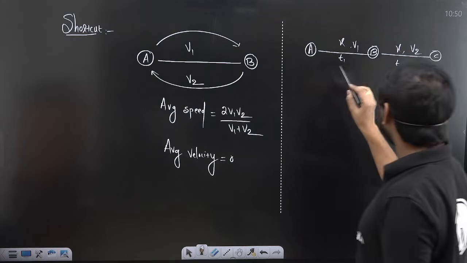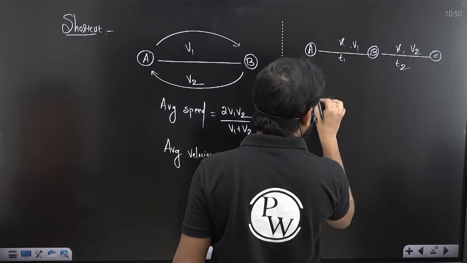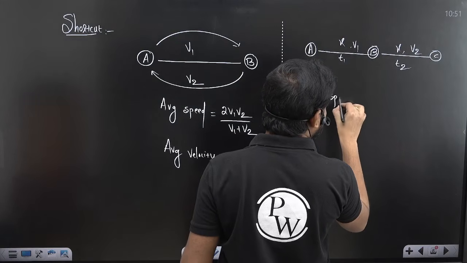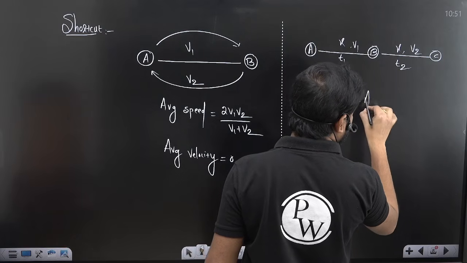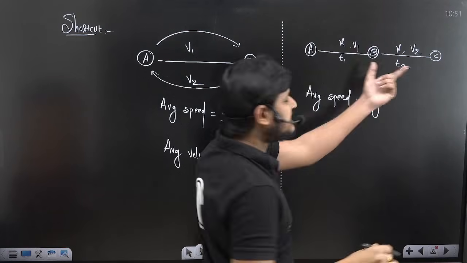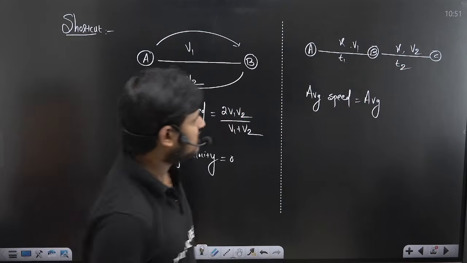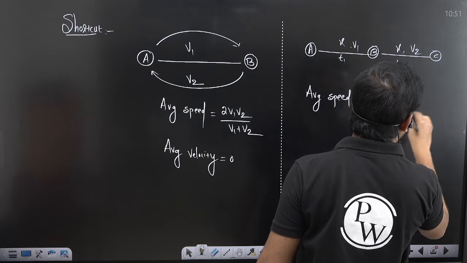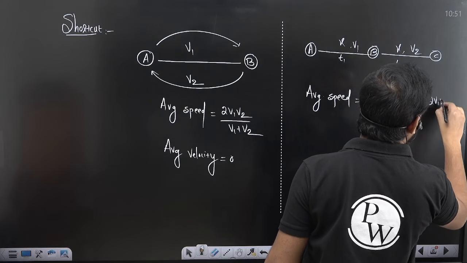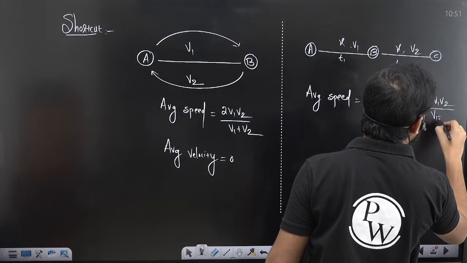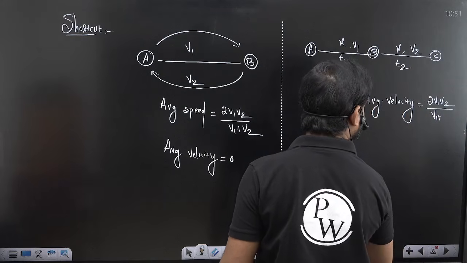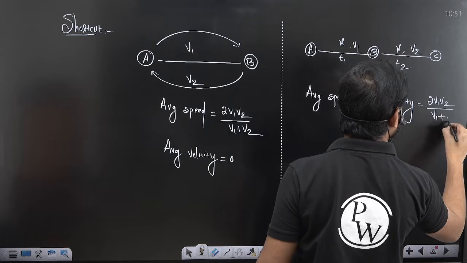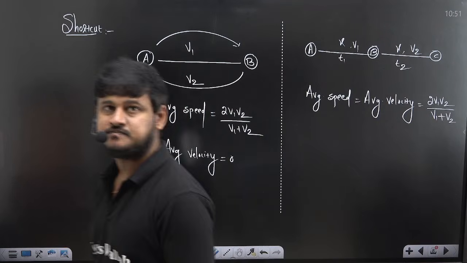So in this particular case, the average speed and the average velocity both will be equal, because the body is moving in a straight line path, right? Both will be equal to 2v1 v2 by v1 plus v2. So this is the part.